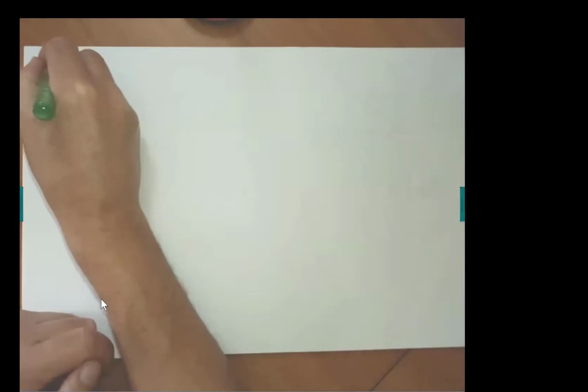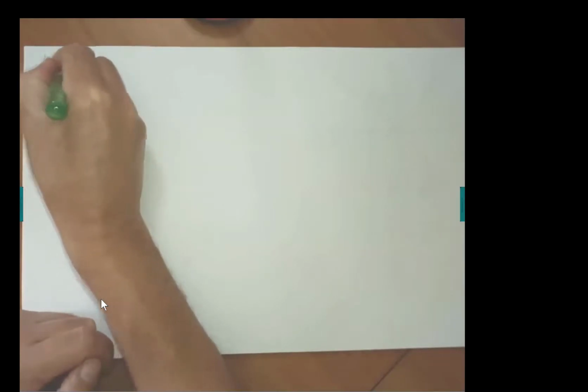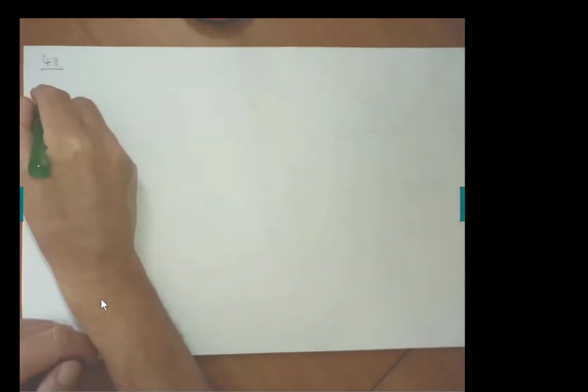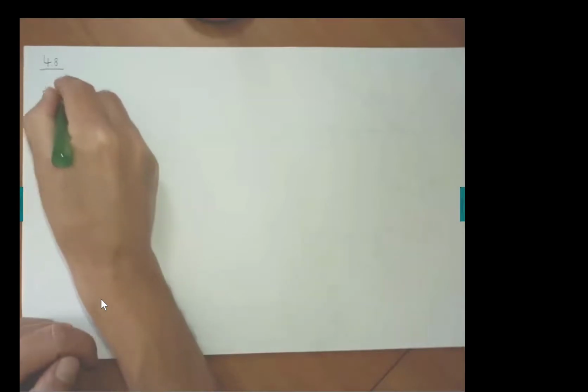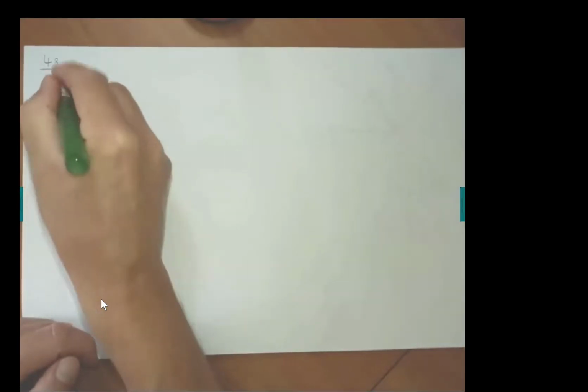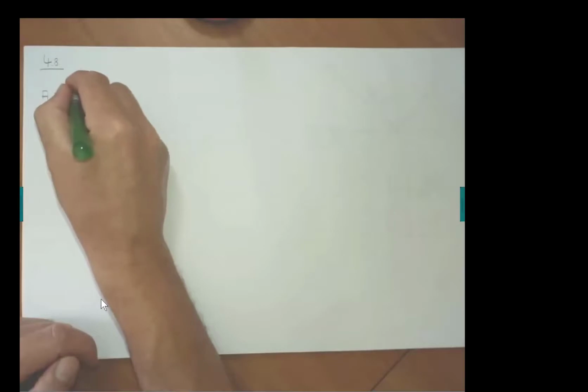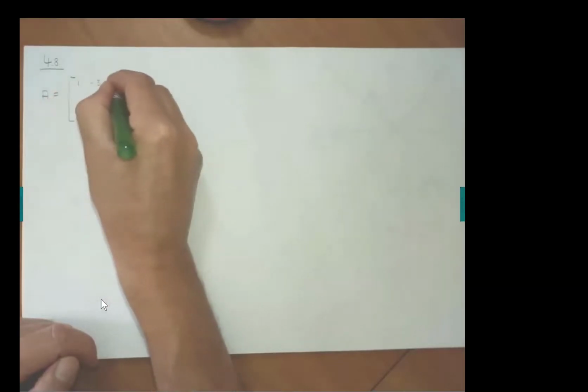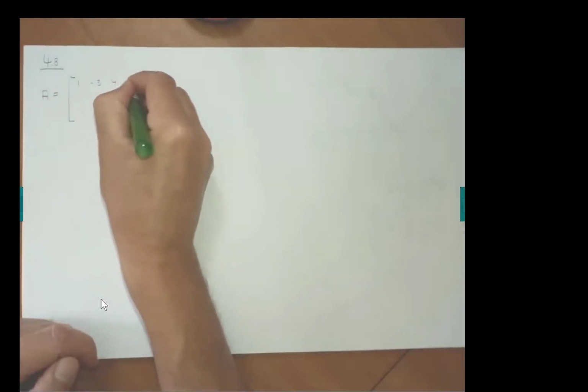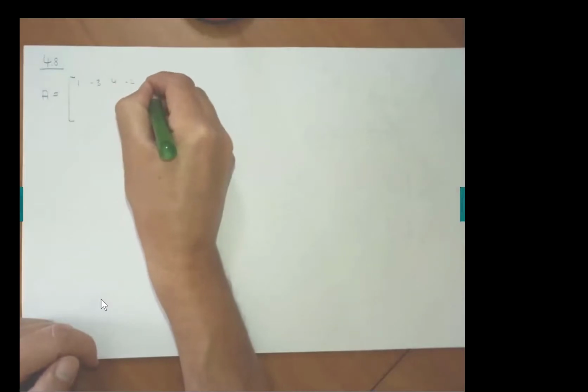Okay. And as I said, we are in section 4.8. What we did yesterday, we took the matrix which was 1, -3, 4, -2, 5, 4.